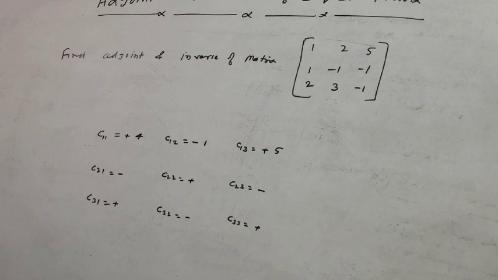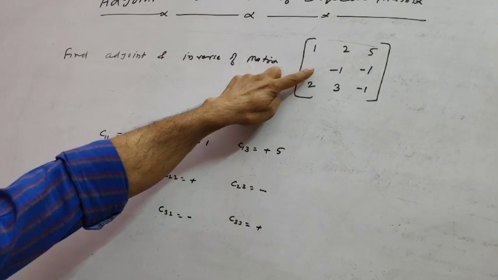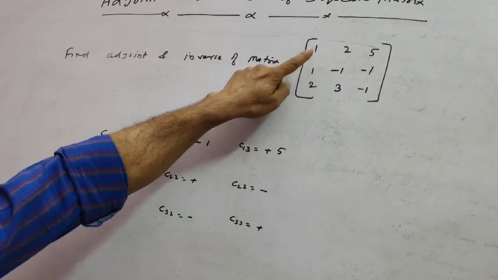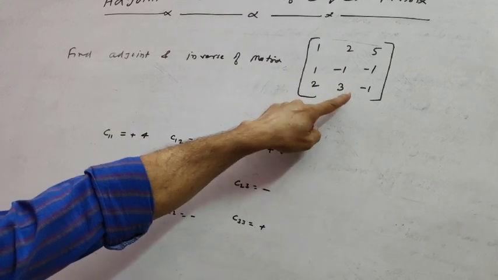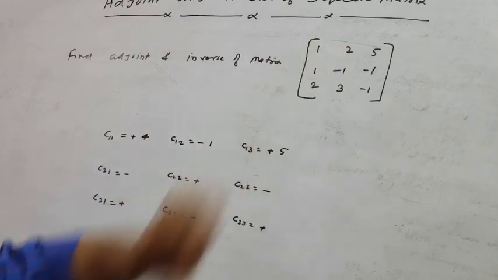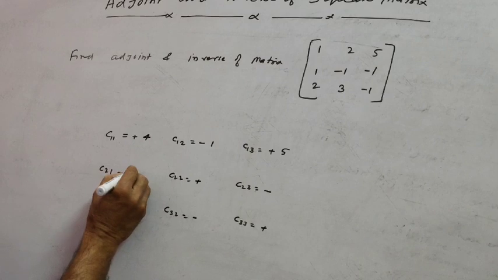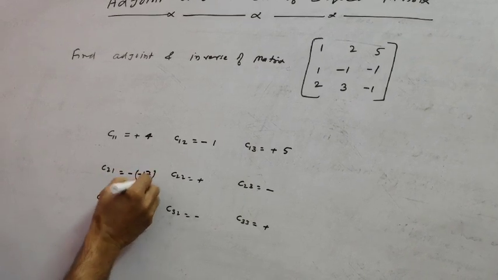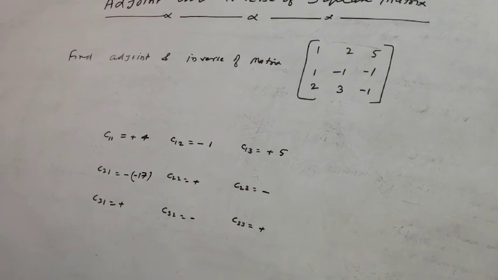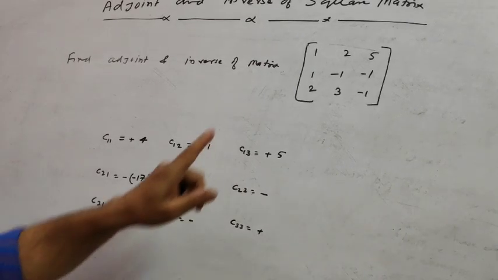C21. 2 1 means 1. Deleting the second row and first column, the determinant of the remaining is 2 into minus 1 minus 2 minus 15, which means minus 17. C22. 2 2 means minus 1, the cofactor of minus 1.